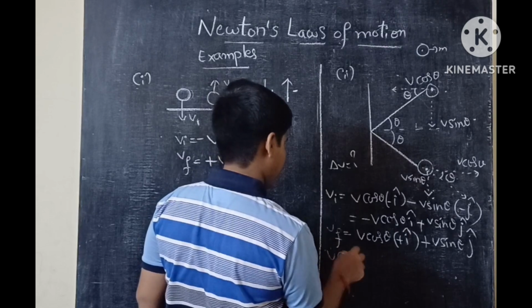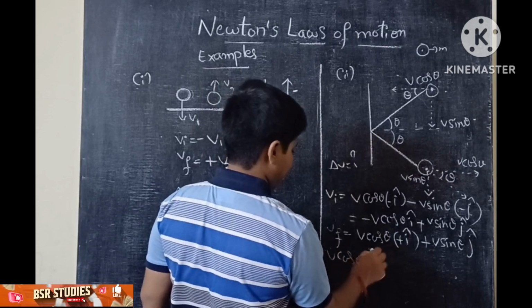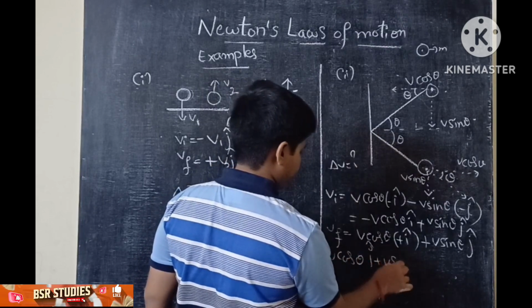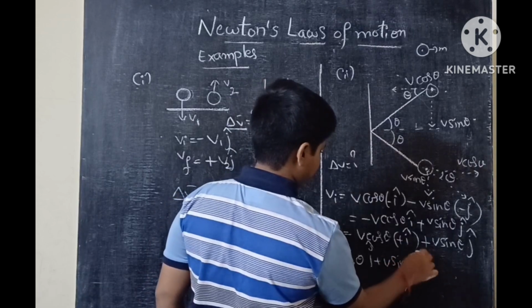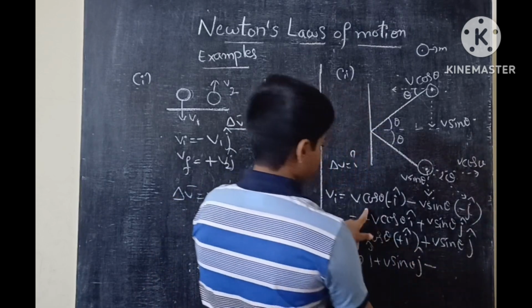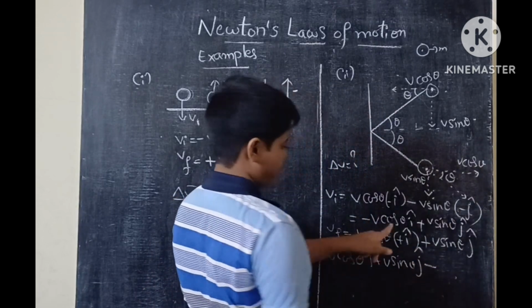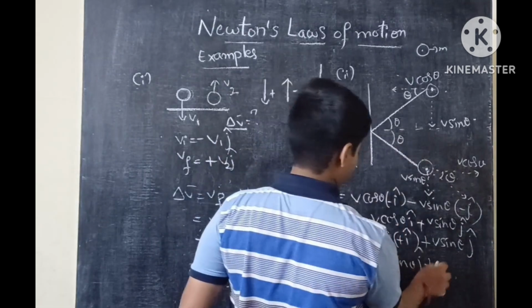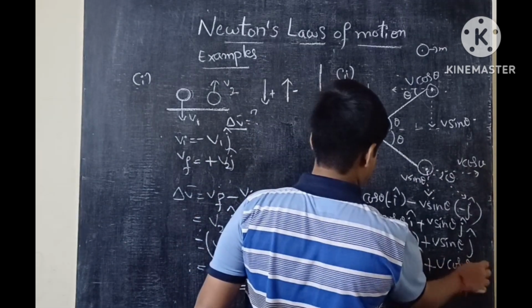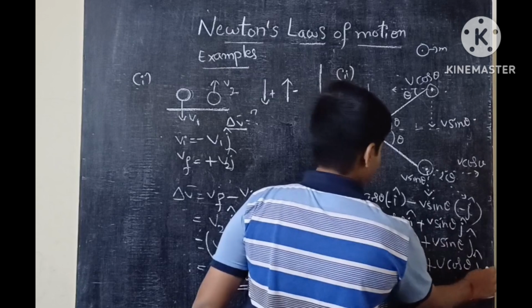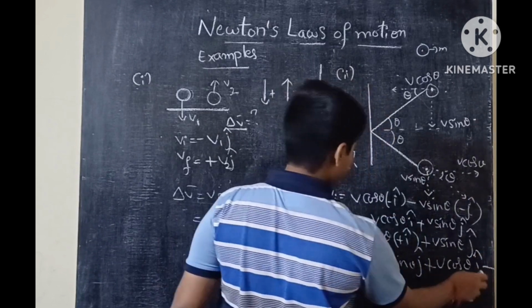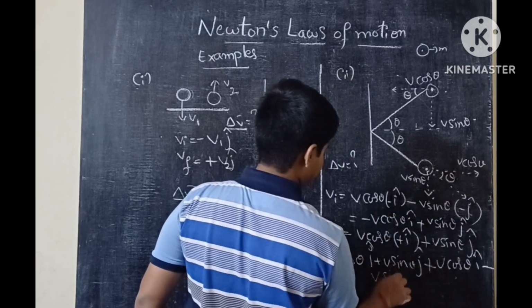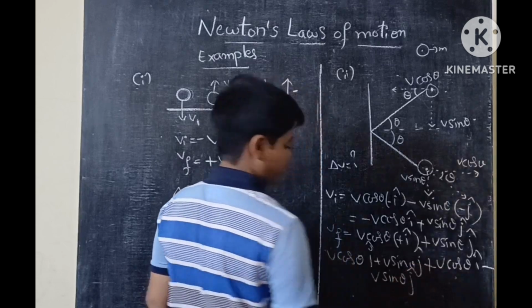So V cos theta I cap plus V sin theta j cap, minus of minus becomes plus, so plus V cos theta I cap, minus V sin theta j cap.